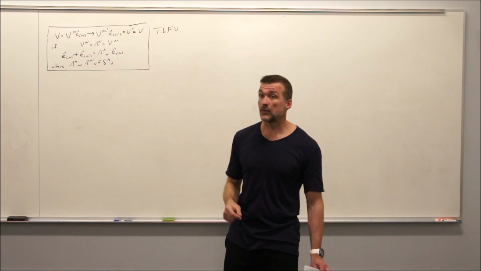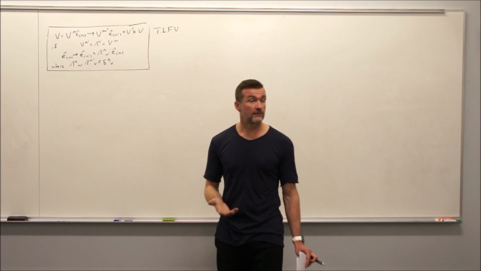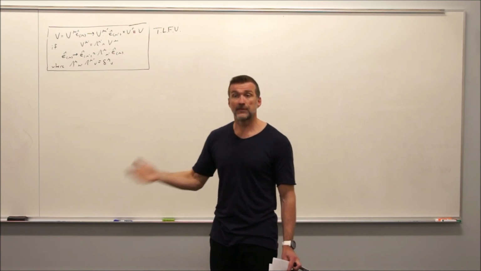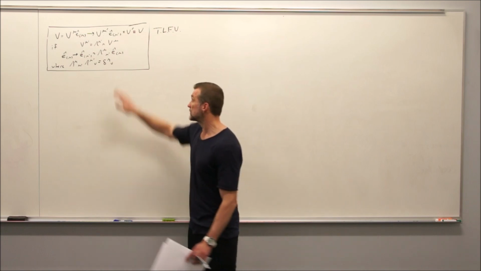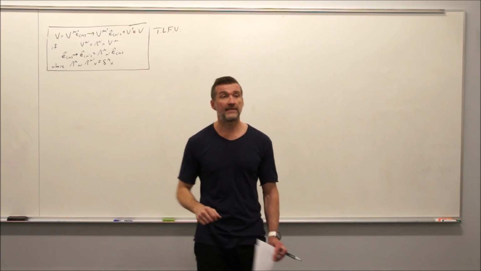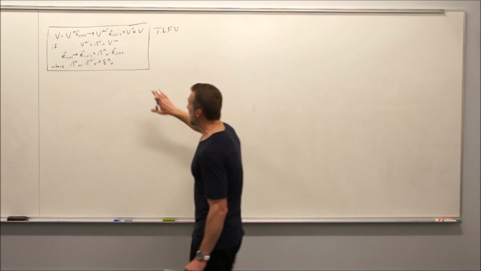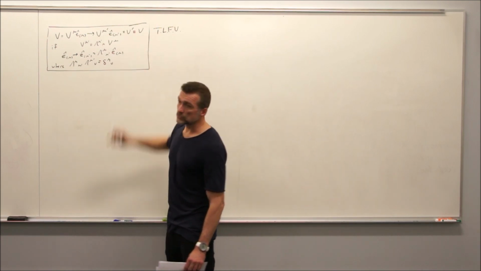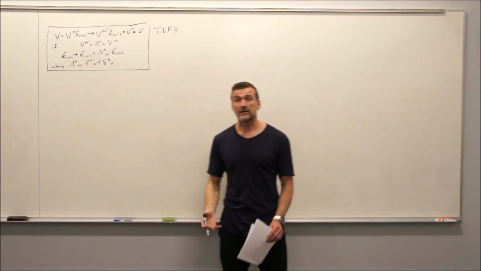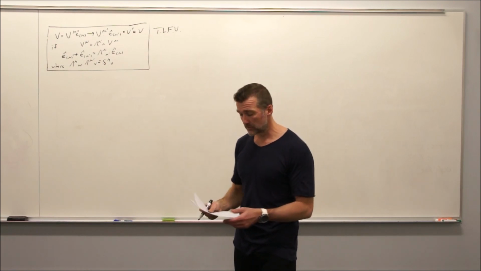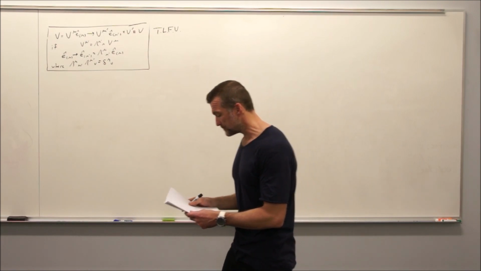We'll see when we start trying to build vectors in four dimensions that the naive thing we might write down actually won't transform correctly. And then we'll have to do something a little bit more sophisticated. So we really have to have a set of rules for how we identify a vector. And then this same thing will generalize to more complicated things later on.